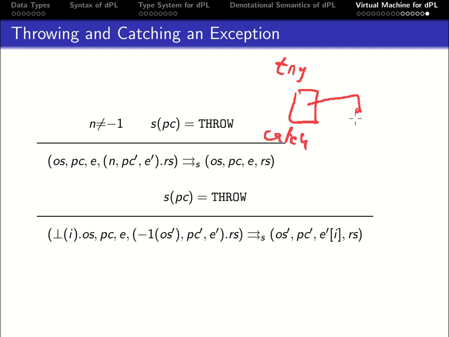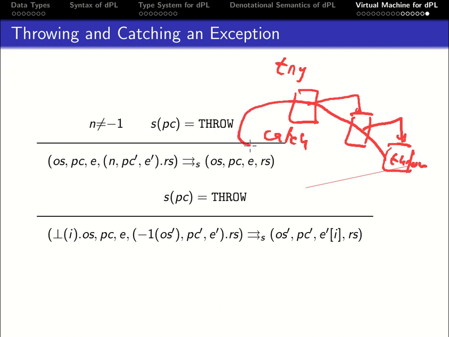And from here we call a function, and from here we call another function, and somewhere here we have a throw, right? And what we need to do now, from here we have to jump right after the catch, right? And in the process we have to bind the catch variable. Is that clear?